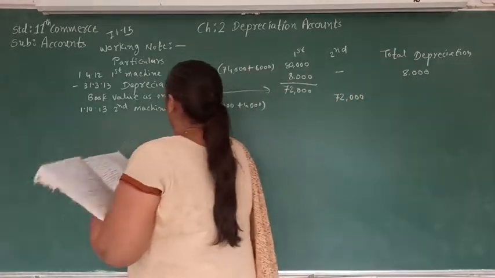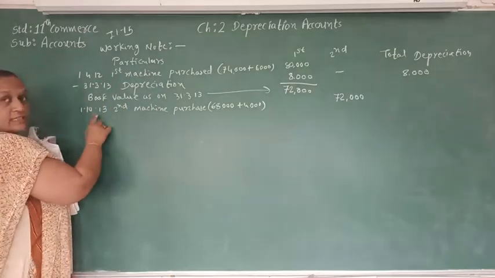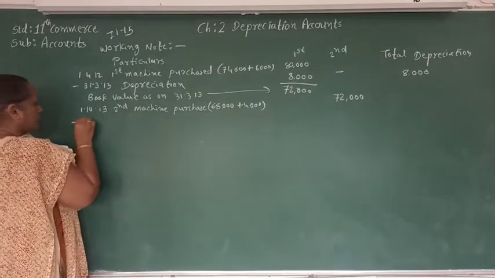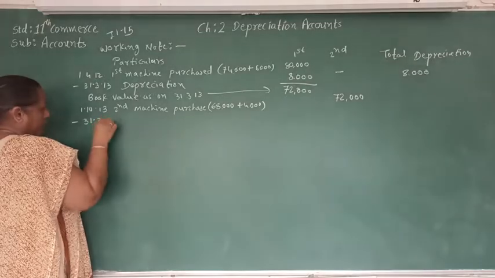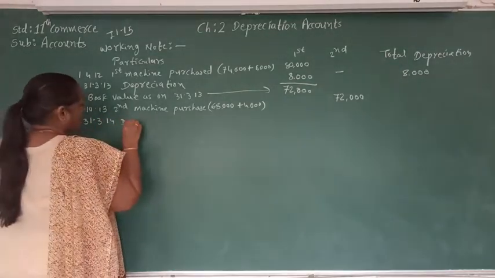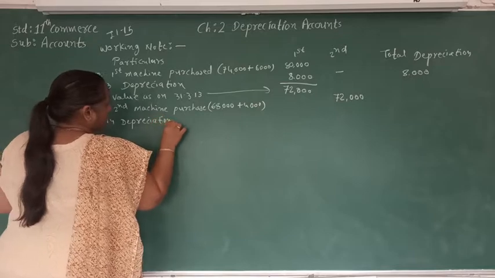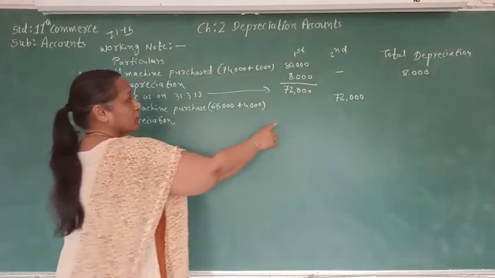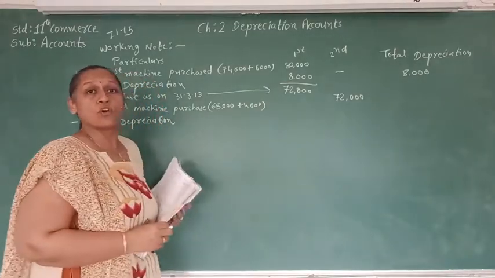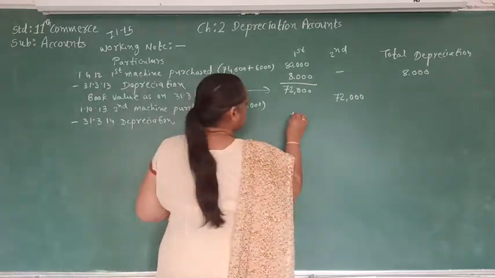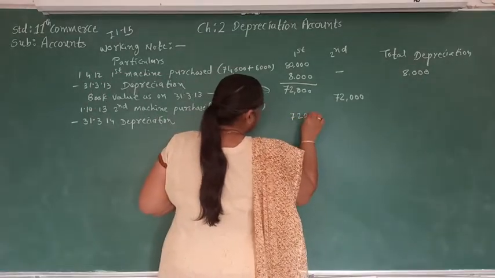Now at the end of the second year, that is 31st 3/14, depreciation for the first machine, as it is used for the whole year, will be 7,200.